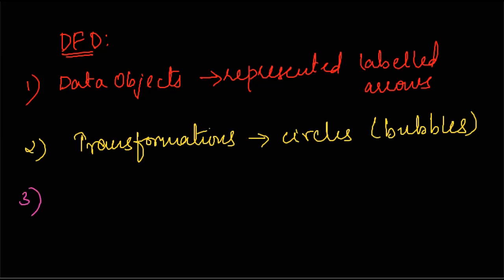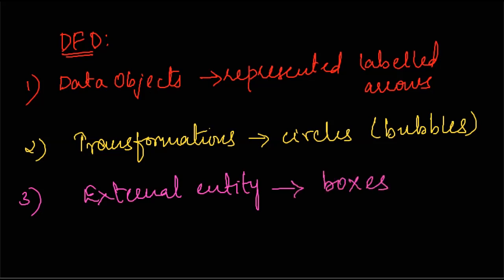Then the next is any external entity, such as your output screen or sensors. This is represented as boxes. So these are the three representations: you're going to have boxes, circles or bubbles, and labeled arrows, with anything written in them. So data objects are arrows, transformations are circles, and external entities are boxes.